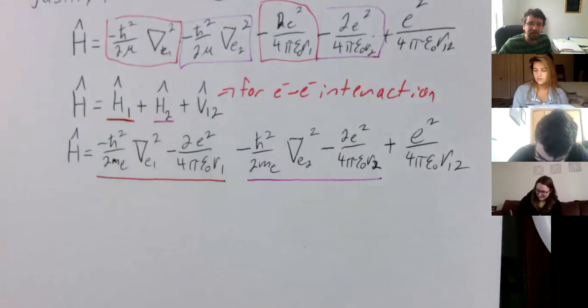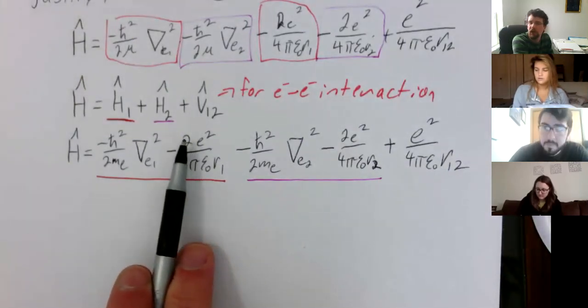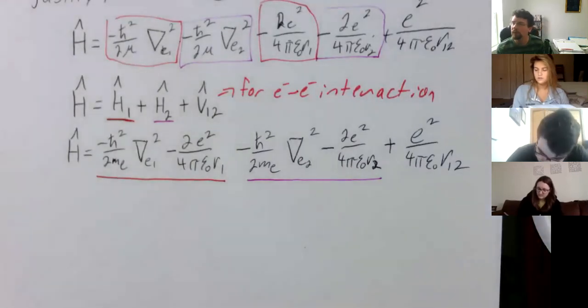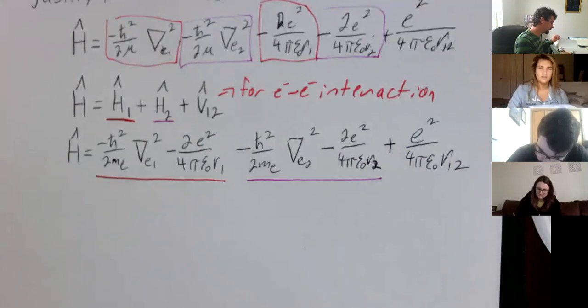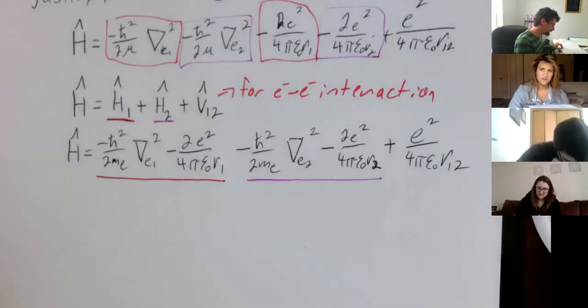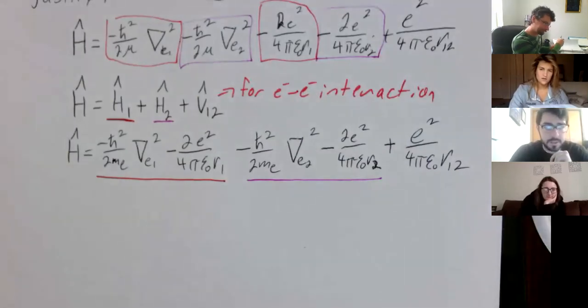Also, does the V12 have a 2e squared, or is it just e squared? It's just e squared, because this 2 actually comes from the nuclear charge of the nucleus. Should that be squared? No, it's just Z, so that would be 2. Not Z squared.